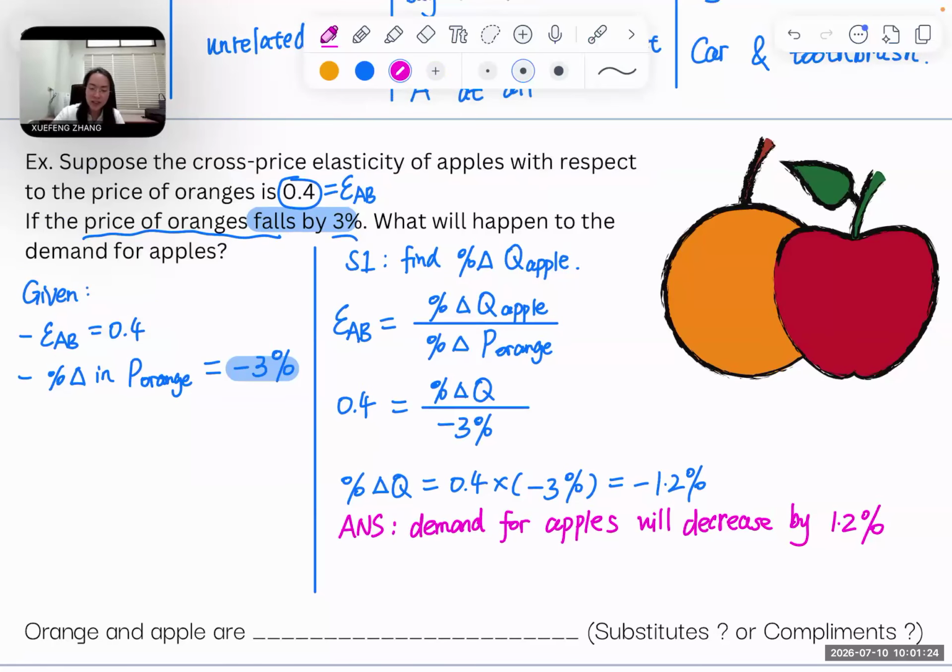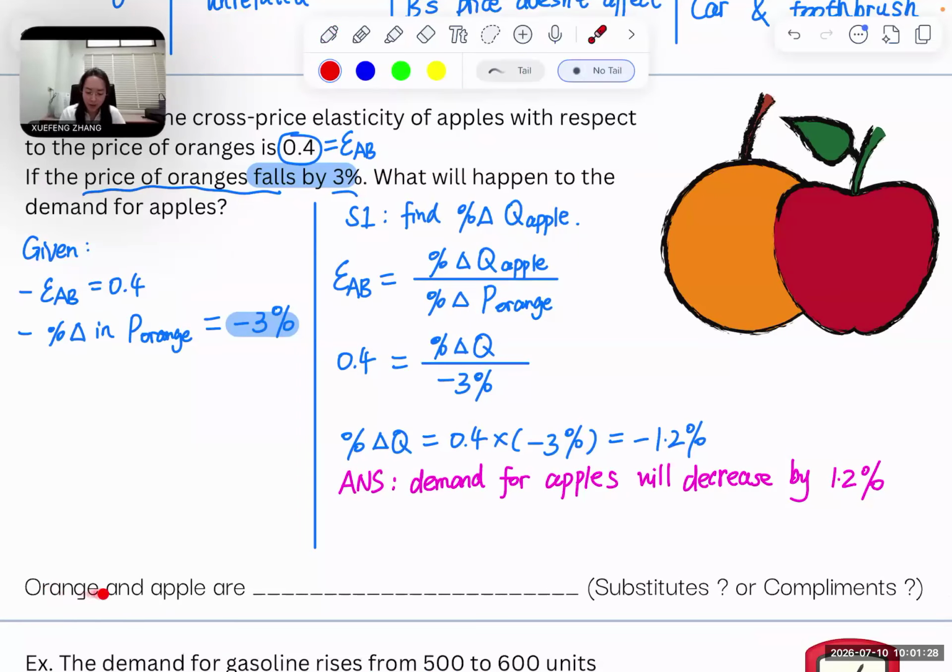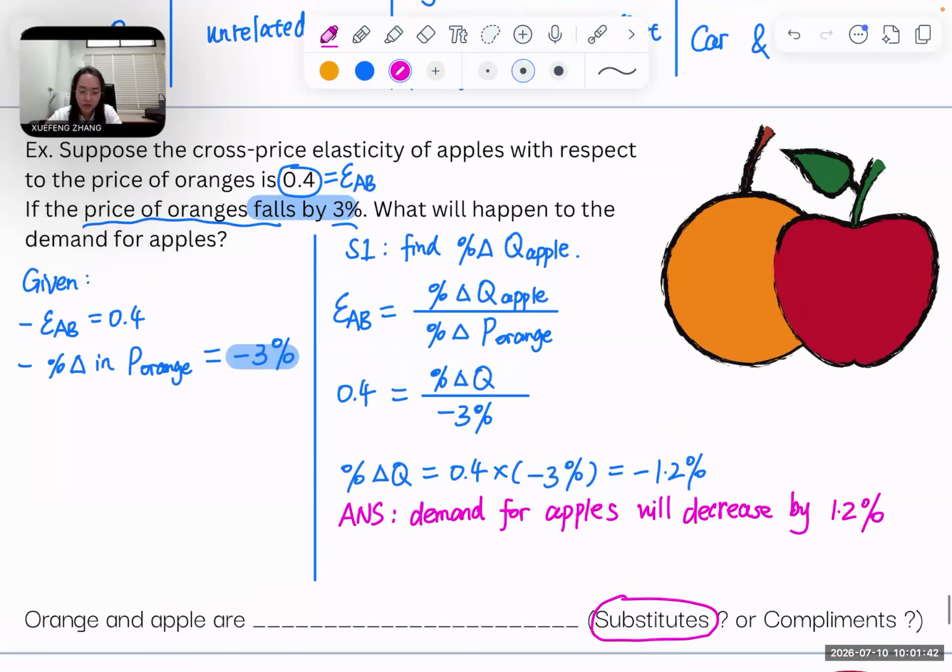And because, let's fill in the blank first. Orange and apple, they are substitutes, right? They are substitutes. Think about it, okay? Orange got cheaper here because the price of orange falls by 3%. So in this case, orange got cheaper. People buy more orange, right?